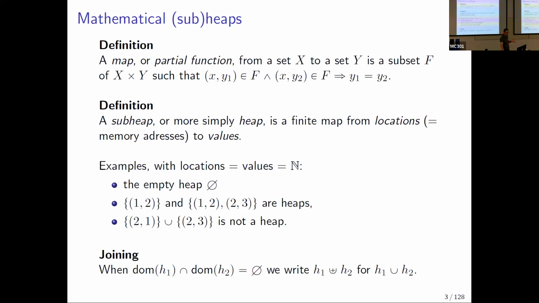So heaps are finite sets of pairs that are functional. You have the empty heap, and those two things are heaps, but this is not a heap because it maps two different values to the same address. And when the domains are disjoint, you write this disjoint union with a U plus.